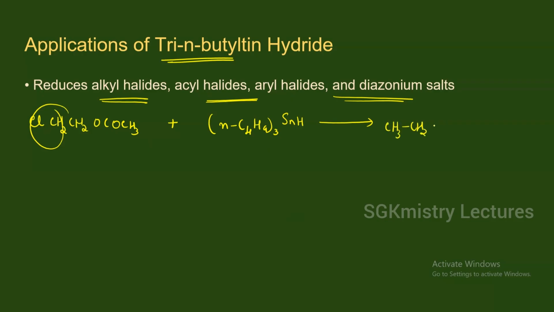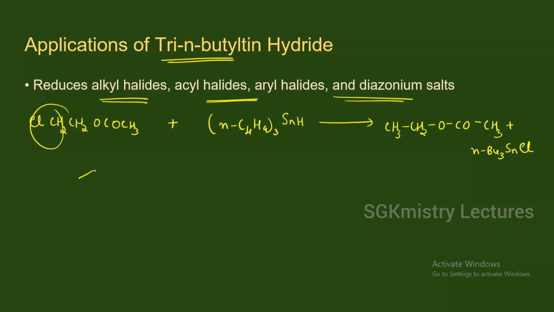Now this is CH2, O, CO, CH3. Along with that, you also get n-Bu3SnCl. The chloro group is removed. In that position, you have the H that is added.